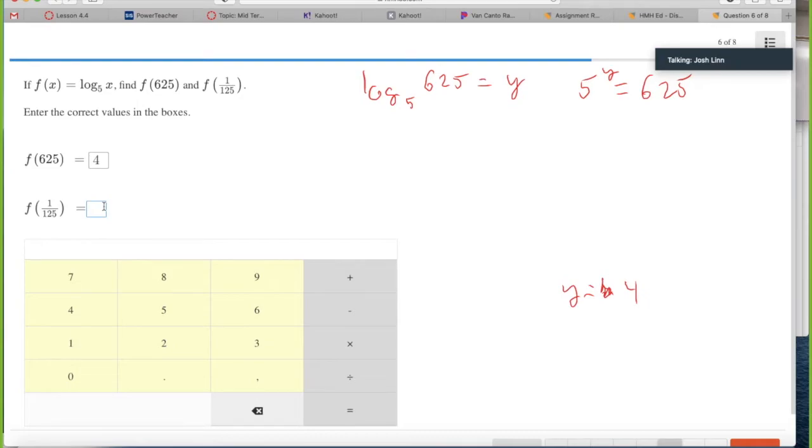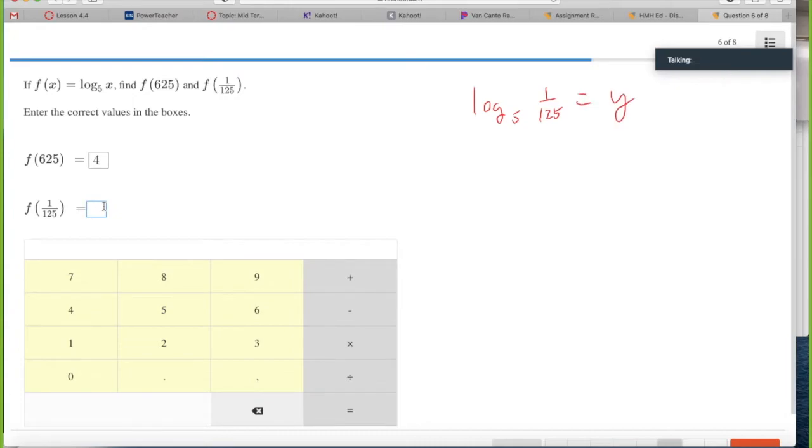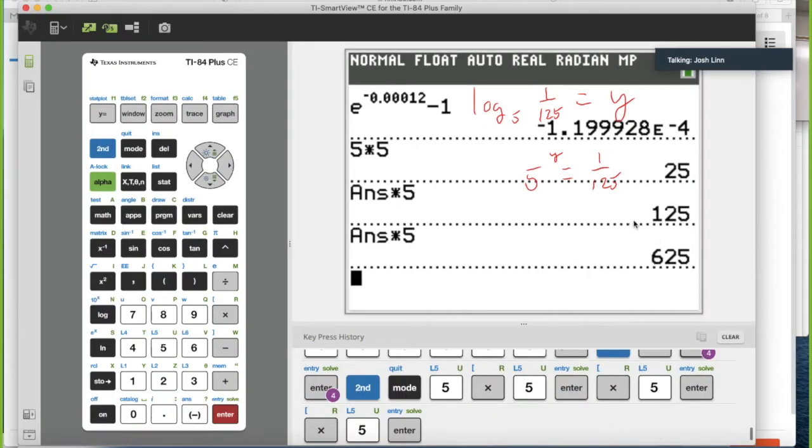And f of 1 over 125. So it's going to be log base 5 of x. So log base 5 of 1 over 125 equals, I'm just going to make it say y. Change it to an equation. So 5 to the power of y, and when is that going to equal 1 over 125? Over on my calculator, I saw 125 show up at the third power.